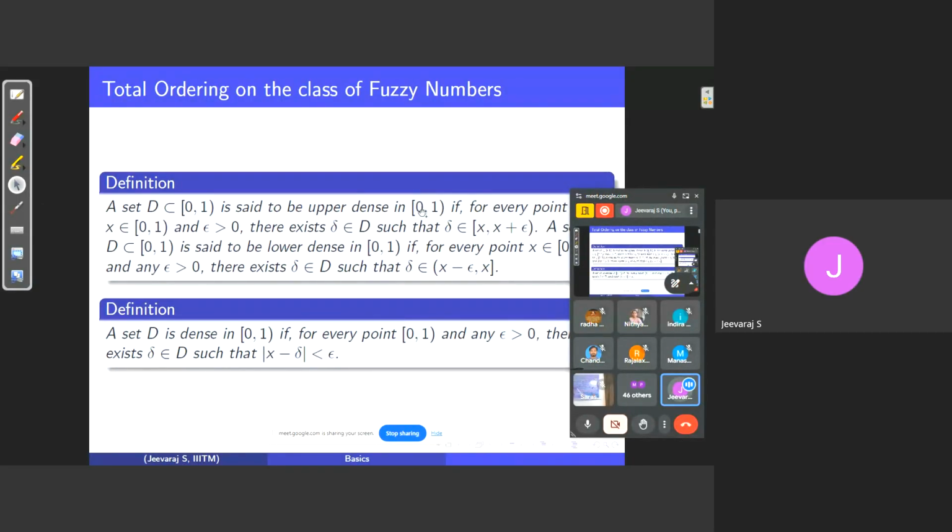For any x in [0, 1) and for any epsilon that you are given, we must be able to find a delta in D, where D is a subset of the closed interval [0, 1]. We must be able to find delta for each epsilon, and the delta should lie in the right epsilon neighborhood of the point x. Then we will call it upper dense.